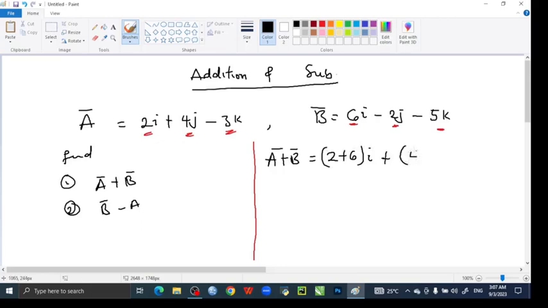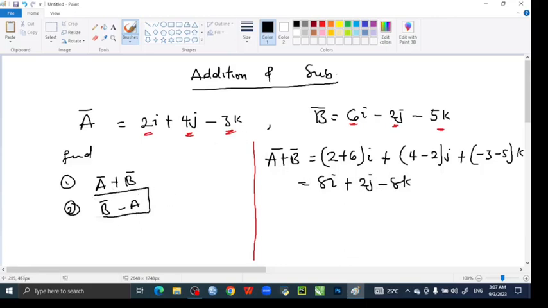What do you have next? 4 minus 2, because that's minus 2 there. Then minus 3 minus 5 to the k. Then you finalize your answer as 8i plus 2j minus 8k. You see, that's very simple. Then you can do the other one yourself as classwork.